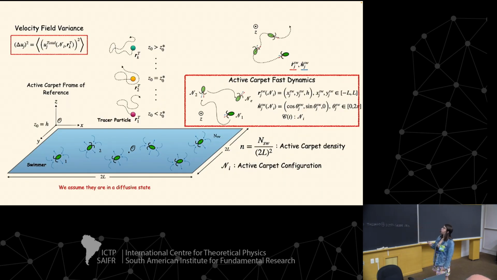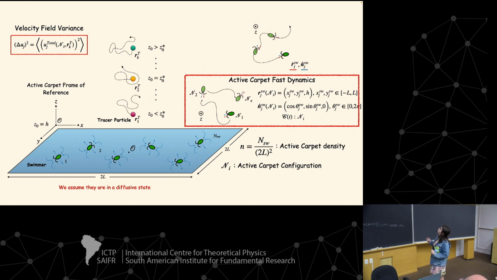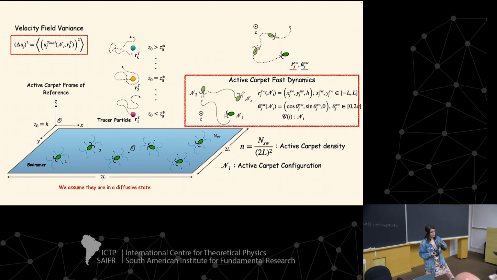So we consider them only moving in 2D, and in this case, our motion is what we call fast dynamics, in the sense that in our simulations, we consider that at each time step, a new carpet is set up. So we consider randomly oriented microswimmers in a homogeneous way, also in orientations and positions, at each time step.